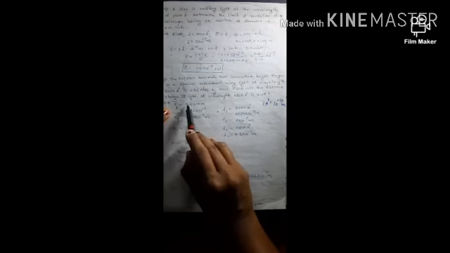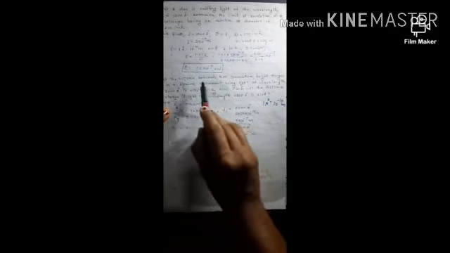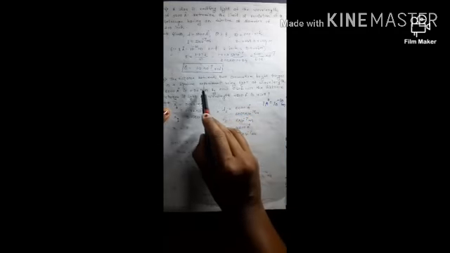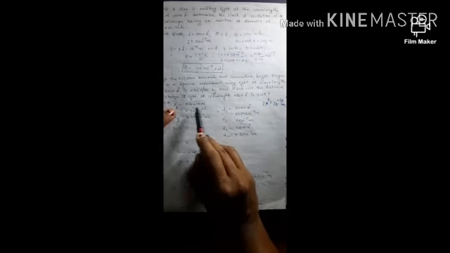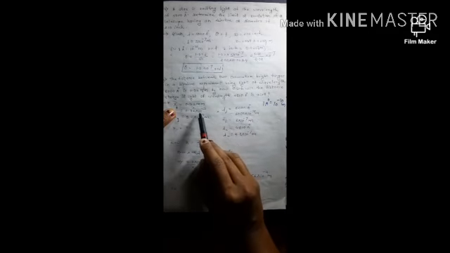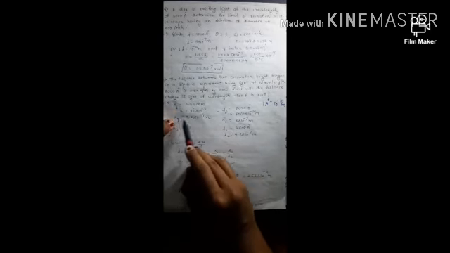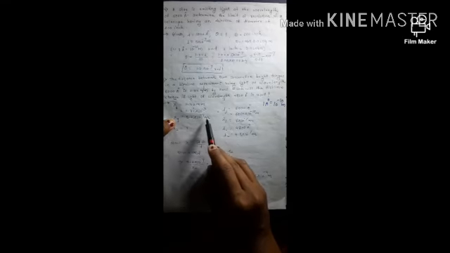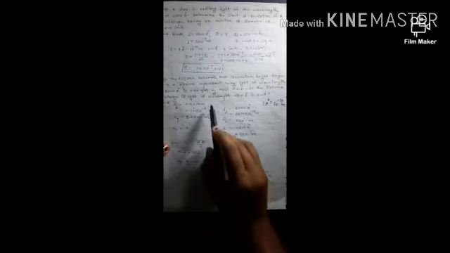So x1 equals 0.32 mm, and the corresponding wavelength is 6000 angstrom. So mm means millimeter, 10 raised to minus 3. So x1 equals 3.2 into 10 raised to minus 4 meter.